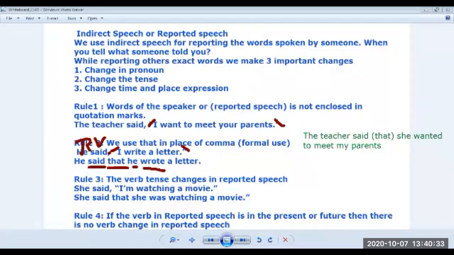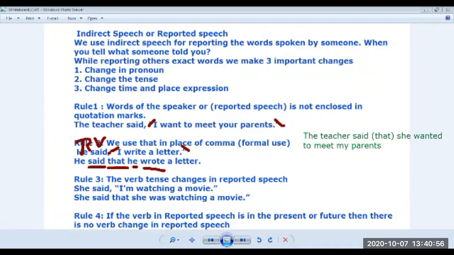We keep it the same. Clear? You will get the hang of it slowly. Sometimes it sounds very difficult. It is actually difficult, but we try and use it, and slowly, as beginners, we will understand and get to know it.